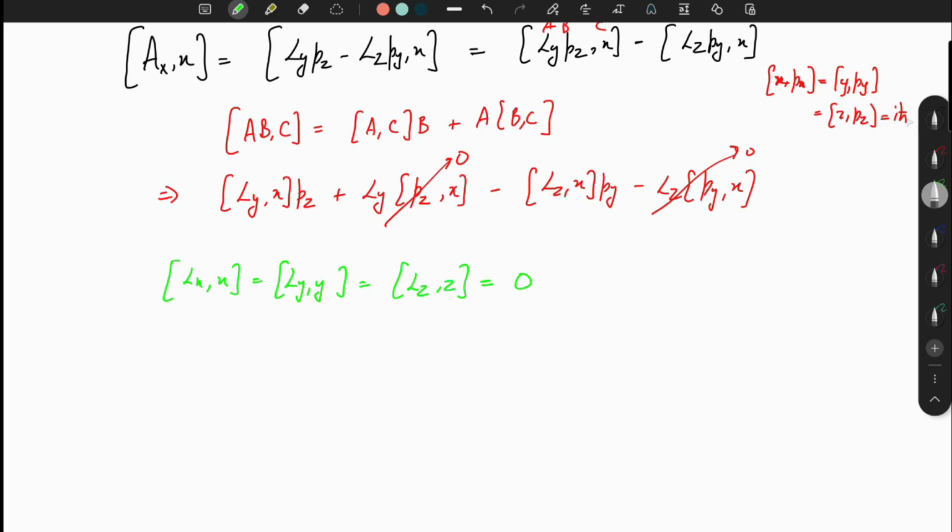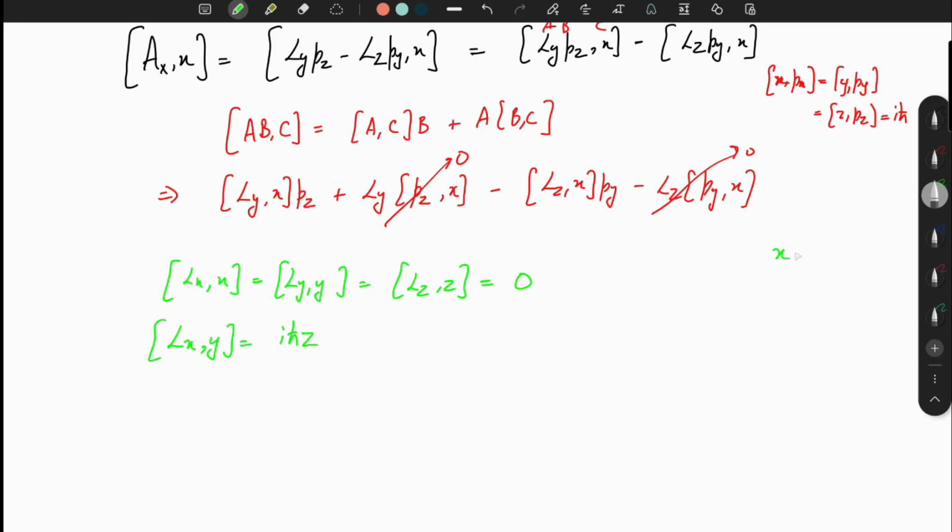Here it was i h cross with the linear momentum operator, but with the angular momentum operator these are equal to 0. And the commutator of Lx comma y is equal to i h cross z. This is in cyclic order, x then y, then z.